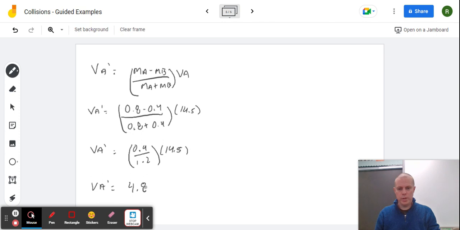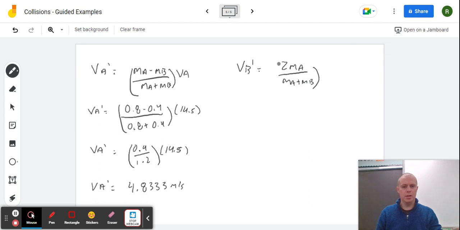So I get 4.8333 meters per second. Okay. And on the other side, I can use the other equation, which is 2MA over (MA plus MB) times VA. Just like before, I'm going to populate my equation.